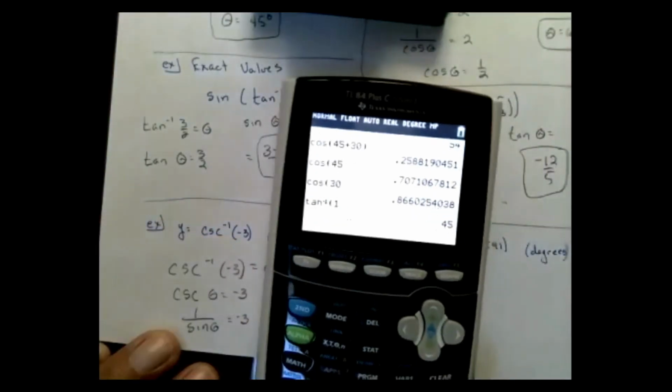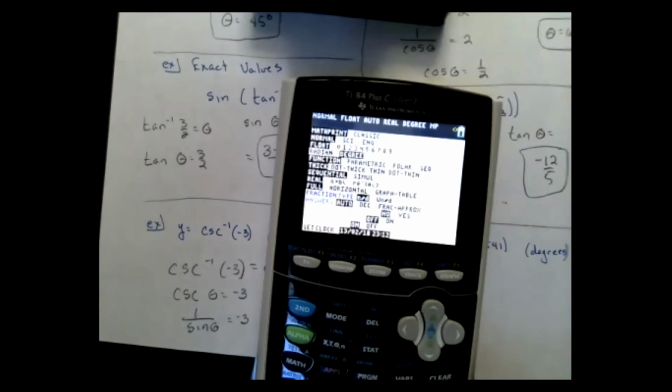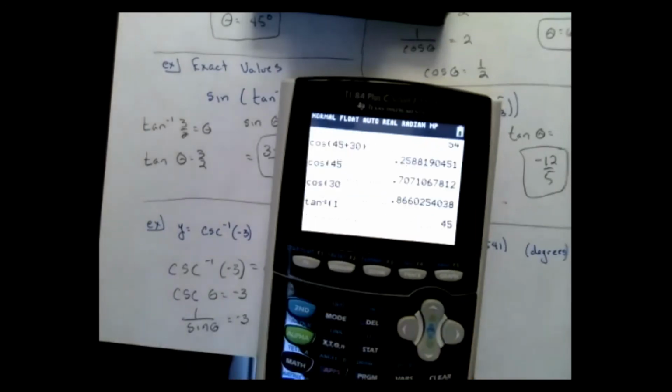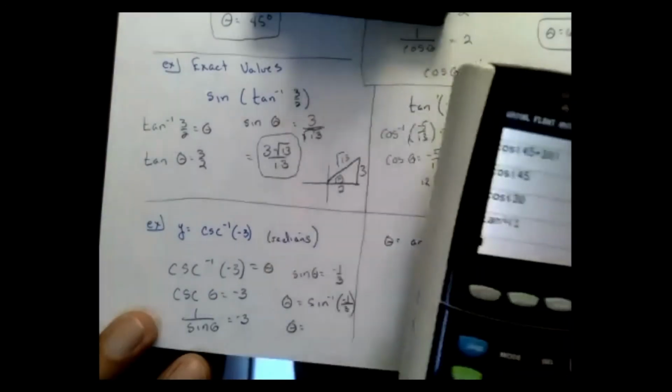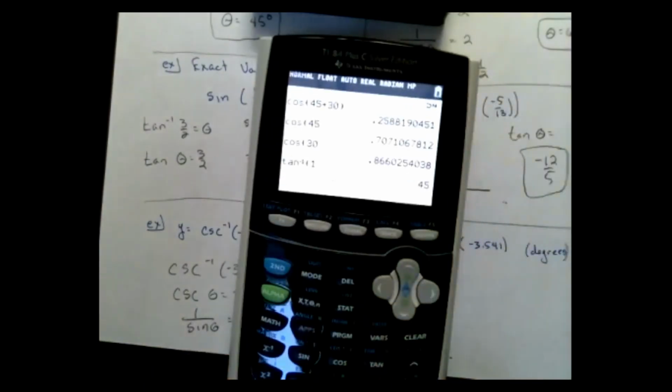All right, so I want to do mode first, come down and get in radians. Second quit. Now I want to find the inverse sine of -1/3. Second sine.